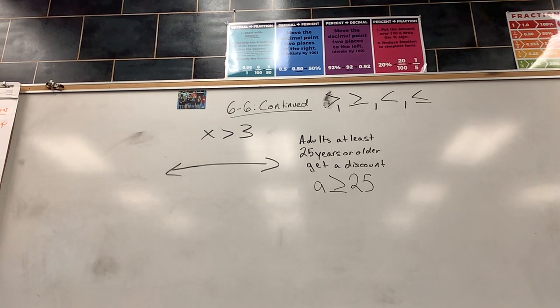And is this an underlined symbol? No. So, if it's not an underlined symbol, we don't fill the circle in. Okay, so put a circle on it. And then we're going to take it this way. And then we're going to fill it in. Okay, 5, 4, 3, 2, 1.